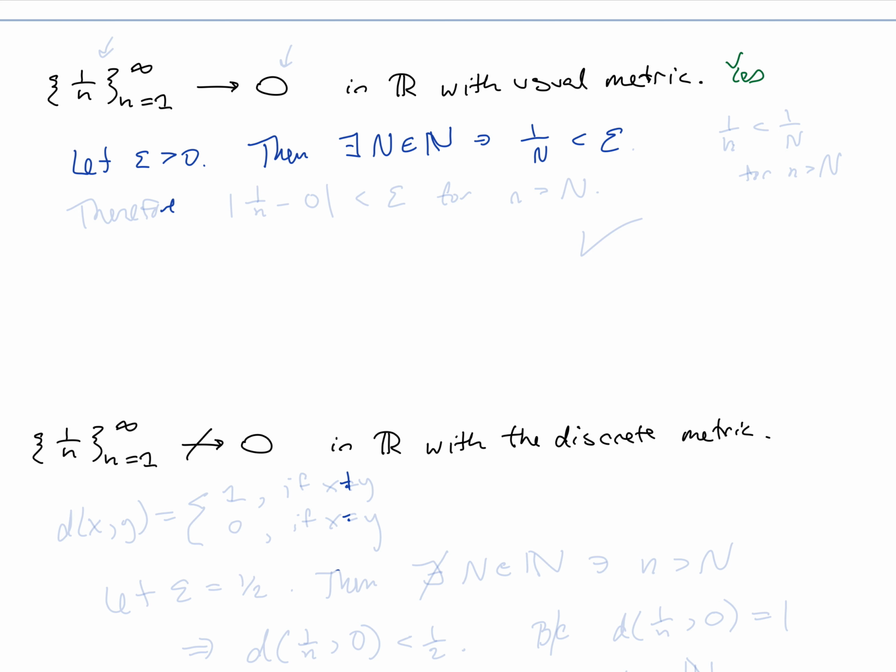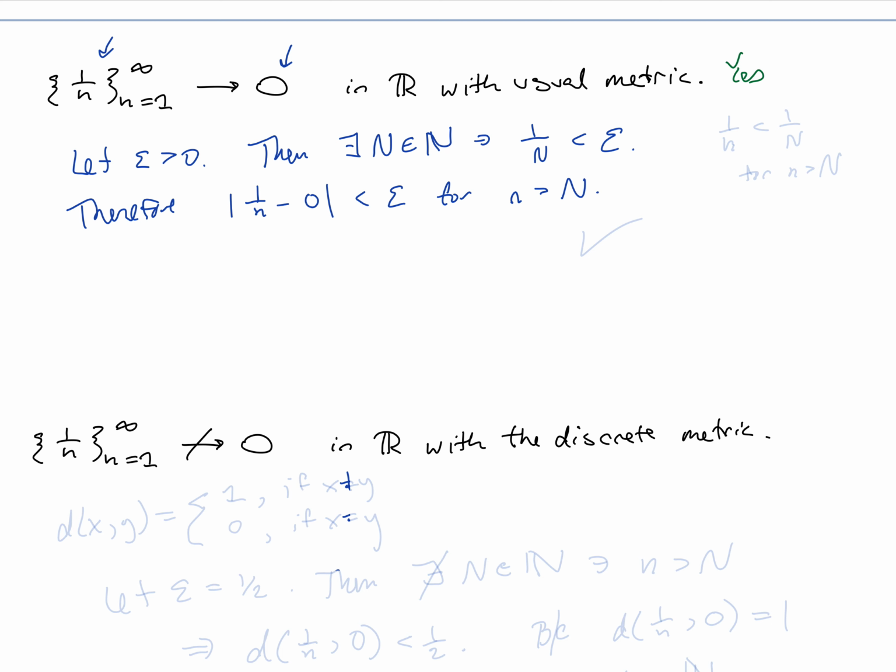This is something that we're assuming to be true, an axiom about the natural numbers. And therefore, the distance in R, the absolute value of 1 over n minus 0, the distance between points in this sequence and the value that we're showing it converges to, is less than epsilon for n greater than N.